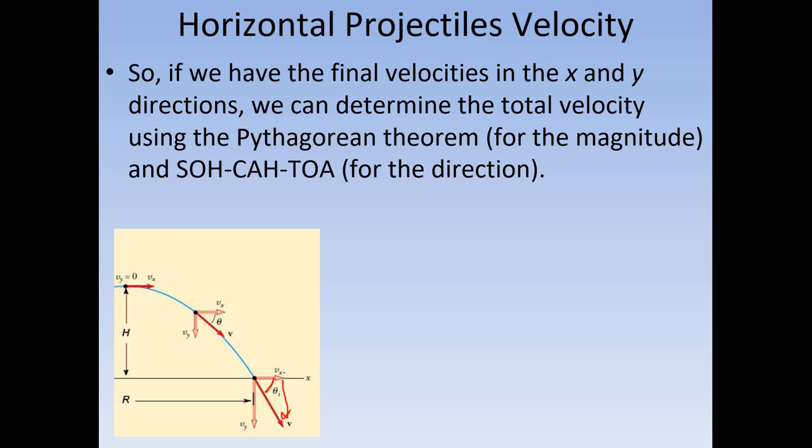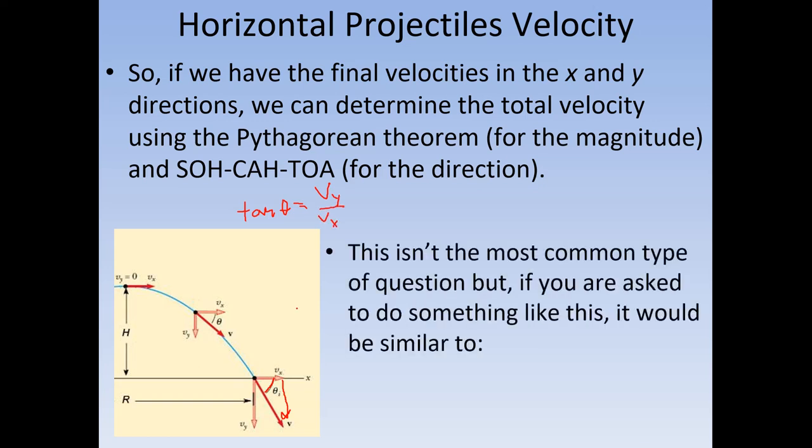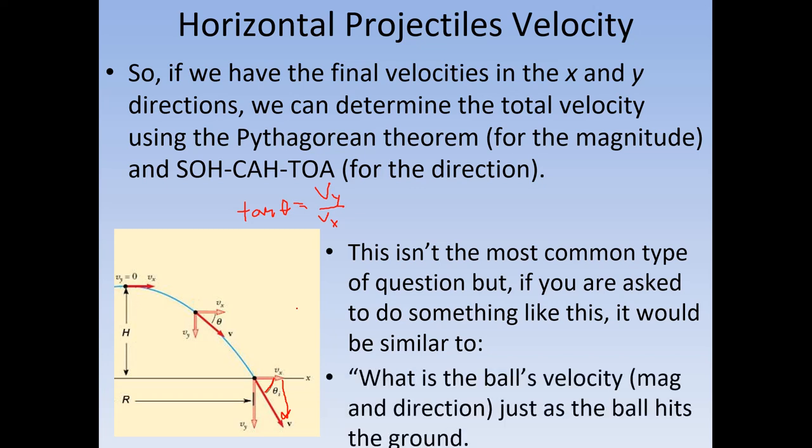You could use a tangent. According to this, tan theta is opposite, which would be the y component, divided by the x component, and then you could use that. Like I said, it's not super common that it gets asked. It gets asked every now and then, so definitely keep an eye out for it.